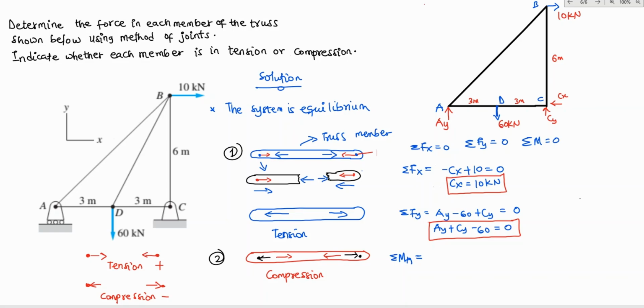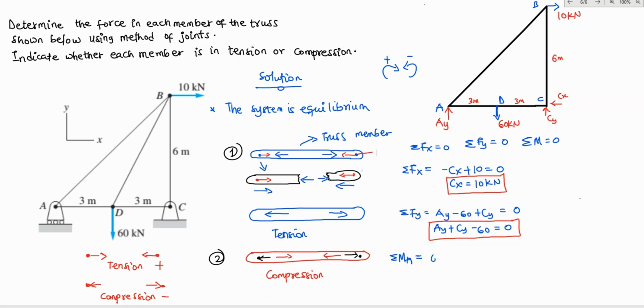Now let's consider the other forces. We're going to consider clockwise moment to be positive and counterclockwise to be negative. The direction depends on yourself, which one you want to make positive or negative. Considering the 60 kilonewton, that's going to cause a clockwise moment, and its perpendicular distance from point A will be 3 meters.